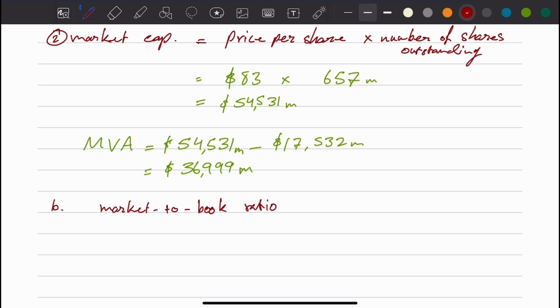Okay, so to calculate it, you're going to put this at the top and this at the bottom of your fraction. Okay, so the market to book ratio equals market capitalization, or market cap for short, over the book value of equity.